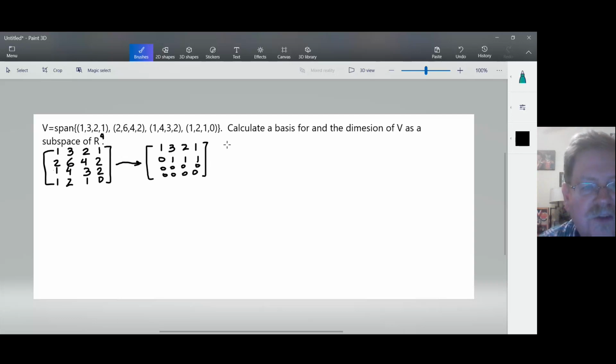Okay. And so the basis for V is simply the vectors 1, 3, 2, 1, and the second row, 0, 1, 1, 1.